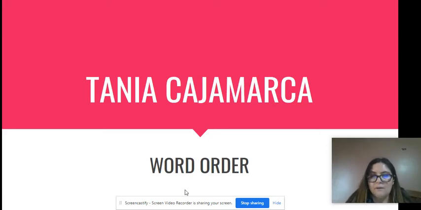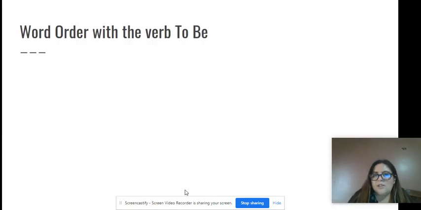This is the first topic for our unit, which is about word order. In English, it is very important to take into account the correct order of the words. As you could see in the last semester, when you form affirmative sentences and negative sentences, those sentences have a specific order.